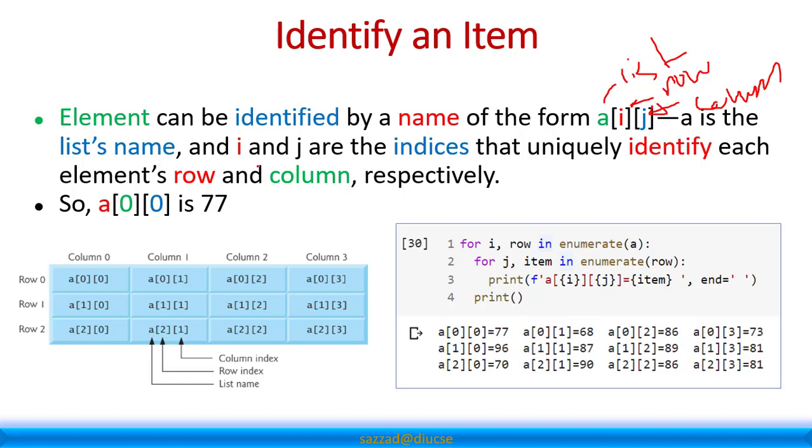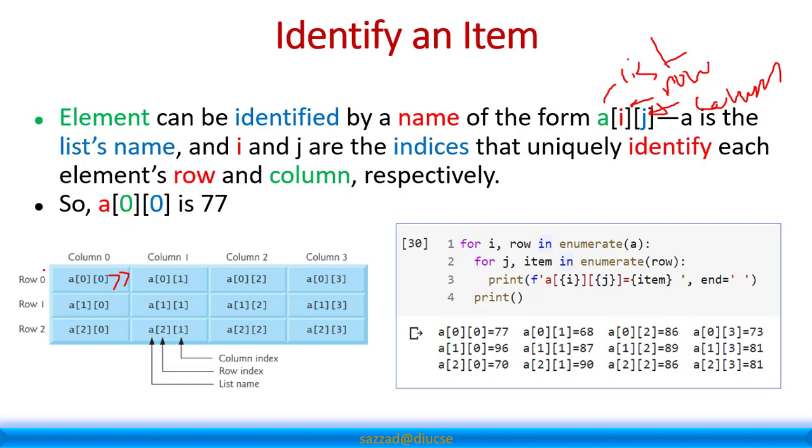So A is the list name as we discussed, and i and j are the indices that uniquely identify each element's row and column respectively. In this form we can represent 77, which is the first grade of the first student, as A[0][0]. That means in the list, in row 0, in column 0.